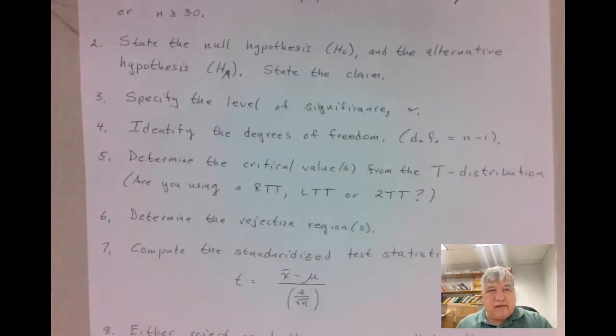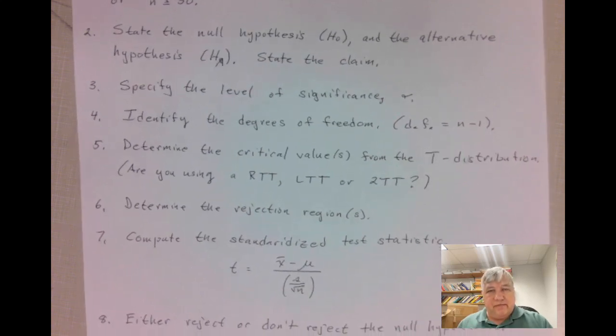Next, we specify the level of significance, alpha. That's going to be given to us. We identify the degrees of freedom, which is always one less than the sample size. Then we determine the critical values, or values from the t-distribution. Well, we first need to find out, are we using a right tail test, a left tail test, or a two-tail test?